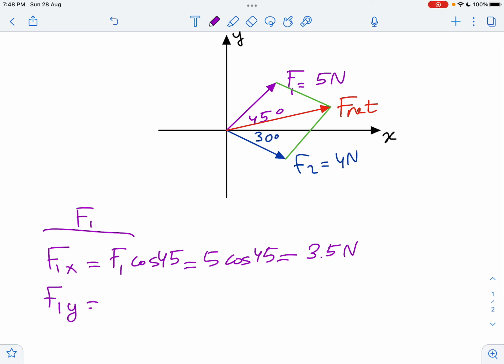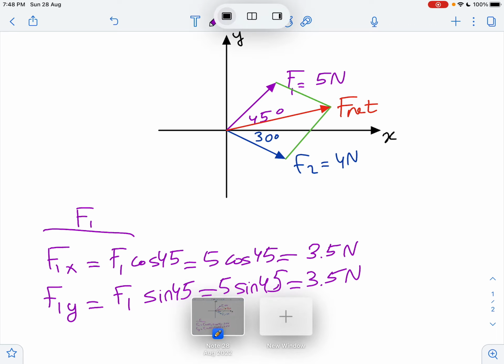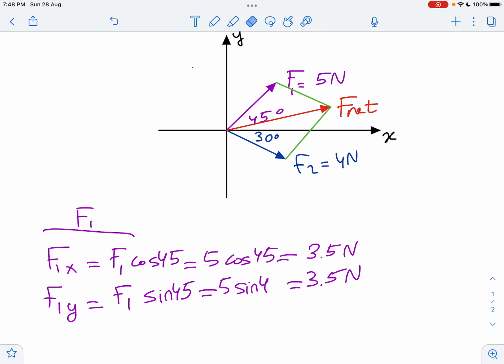F1y will be F1 sine of 45. So 5 times sine of 45. You will get around 3.5 newtons. For sure, same answer, because cosine 45 is the same as sine 45.